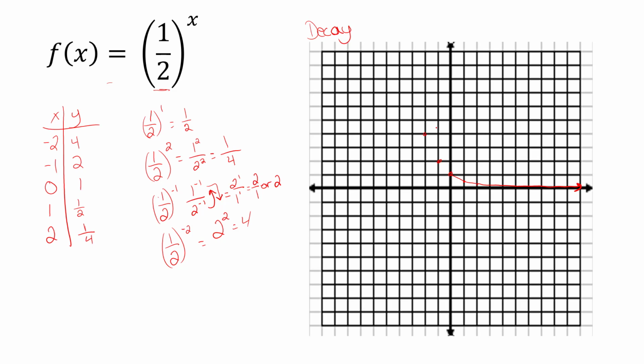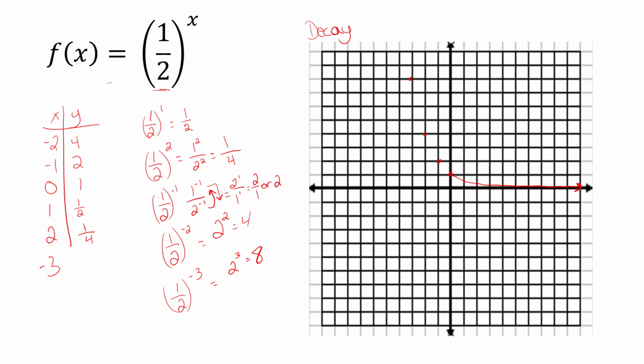Now this graph's a little bit low because we don't have very steady decay or very quick decay, so it might be advantageous to give us a third negative power so we can see what's happening as the graph comes further to the left. So that would be 1/2 to the negative third, which is the same as 2 to the third power, which is 8. So if we come back 3, we come up 4, 5, 6, 7, 8.